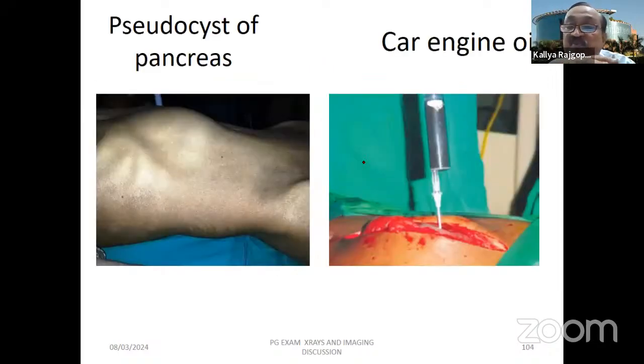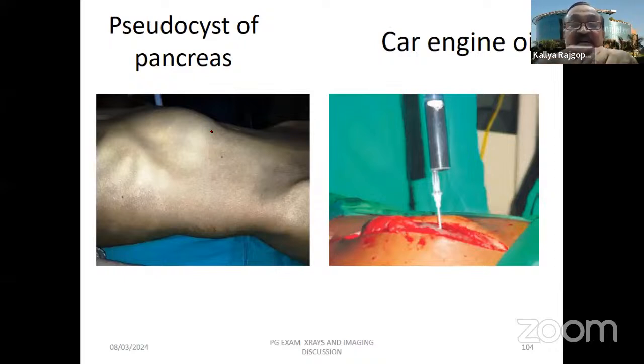This is just to compare the clinical picture of a large pseudocyst. This picture was taken long back, and is shown for the quiz winners. You may be asked the classical color of the pancreatic fluid, and that is the appearance of car engine oil. Yes, this is that large swelling, a common epigastric mass, a rather common long case.